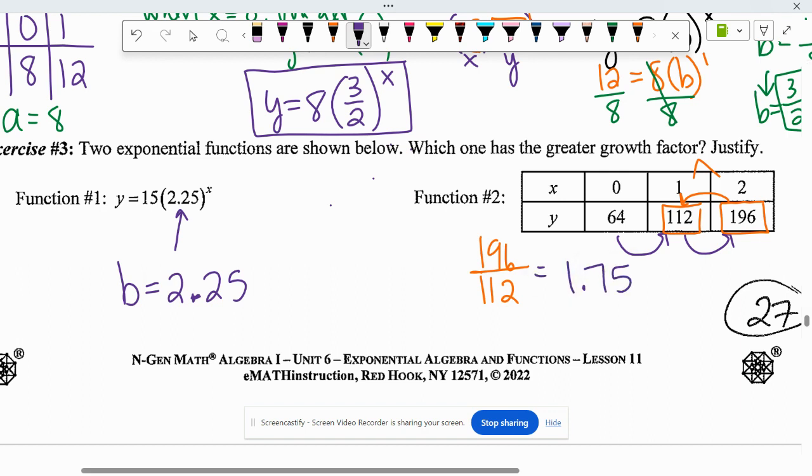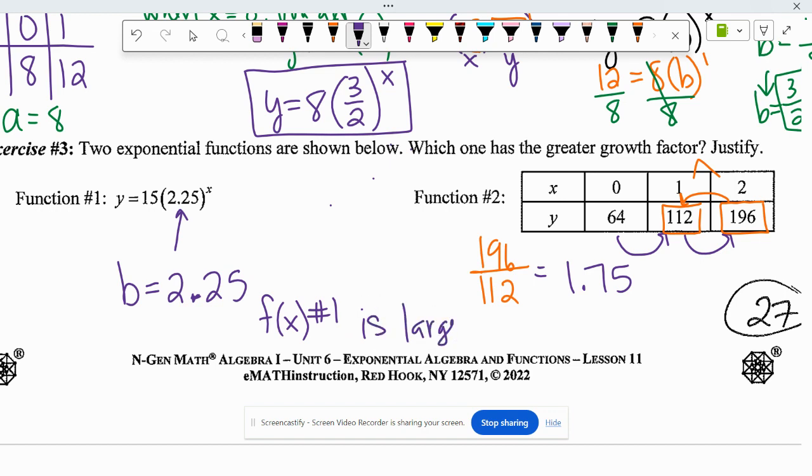So which one has a larger growth factor? Function number 1 is larger. This is the growth factor for function 1, and this is the growth factor for function 2. 2.25 is larger than 1.75.